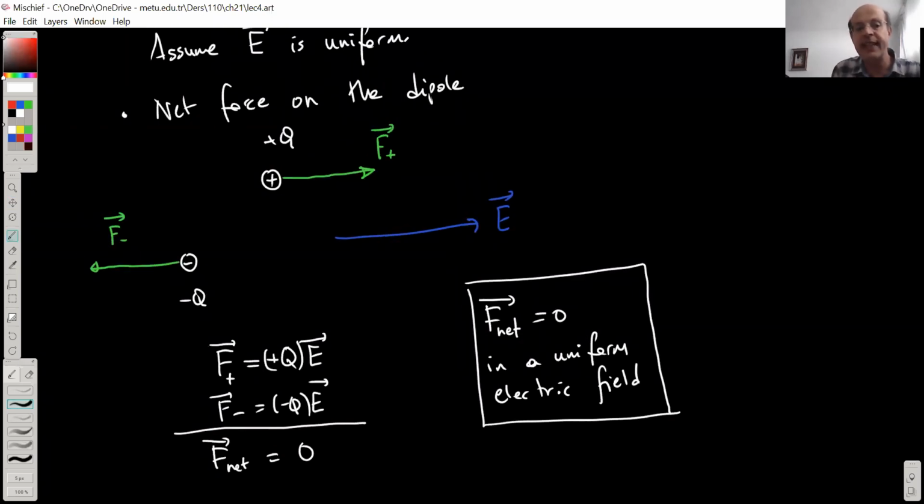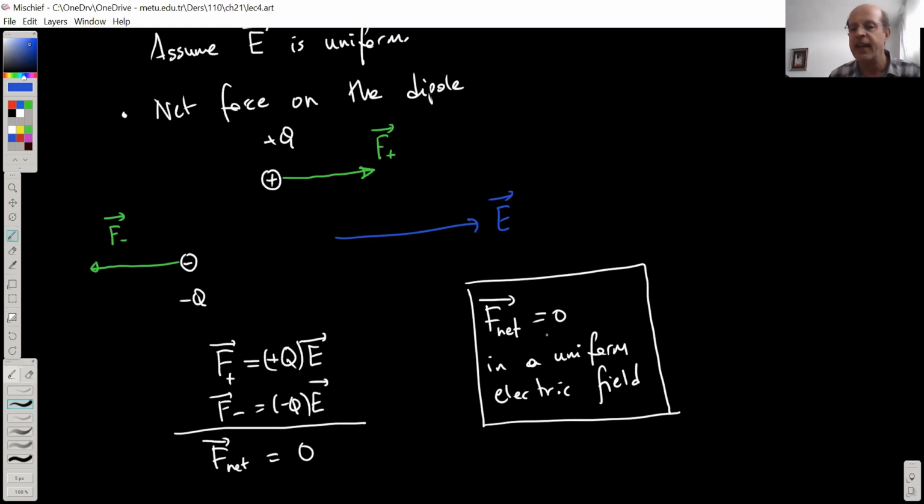If the electric field is not uniform, so that means like the electric field that this positive charge experiences is different than the electric field that this negative charge experiences, for example. In that case, there is a net force on the dipole. Right? The net force is non-zero. But this is a complicated case that I don't want to treat in here.